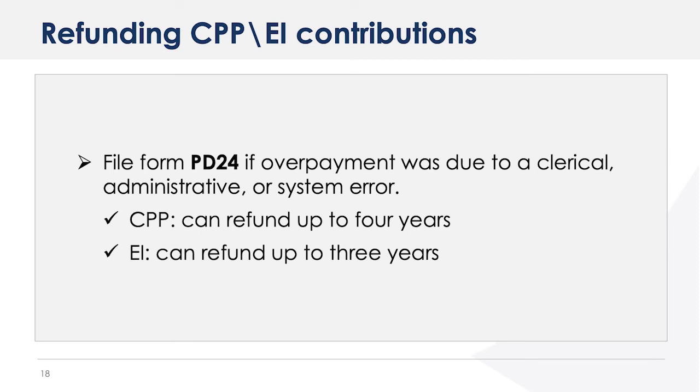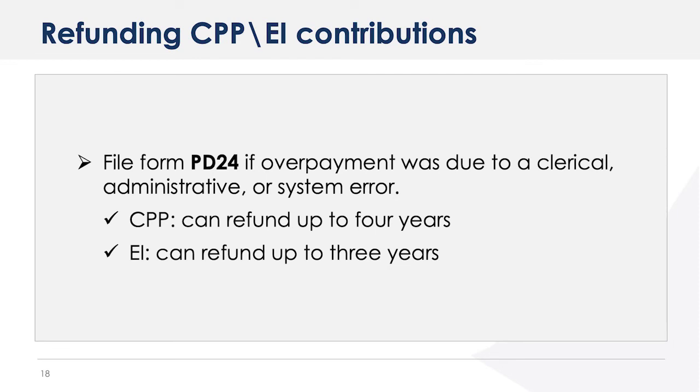CPP can be refunded up to 4 years after the end of the year in which it was deducted. EI can be refunded up to 3 years after the end of the year in which it was deducted.